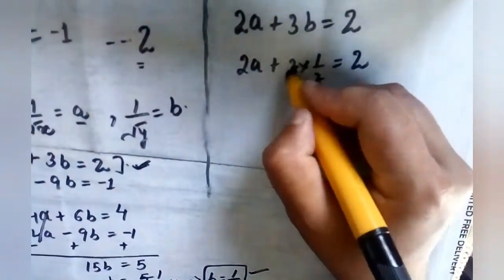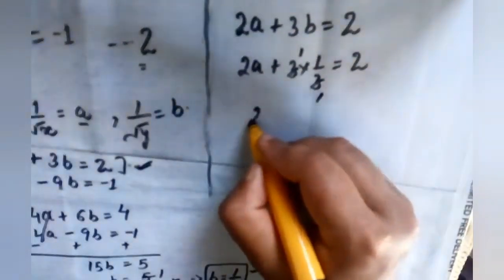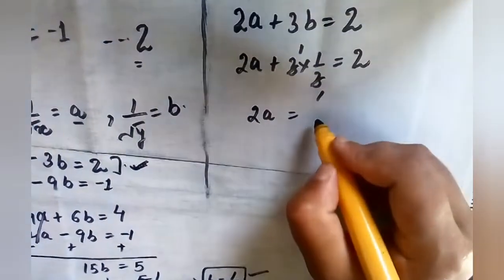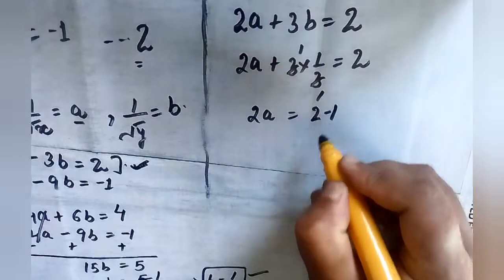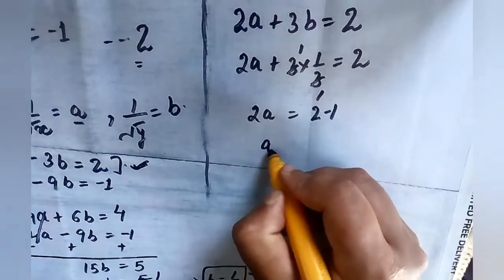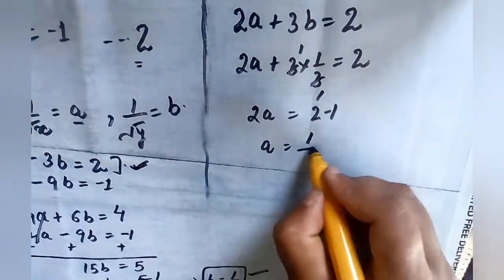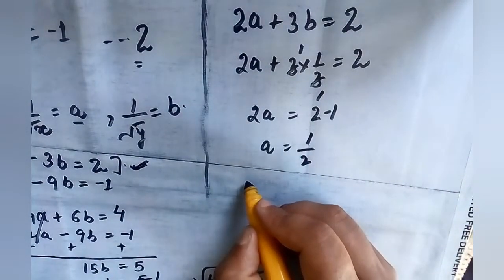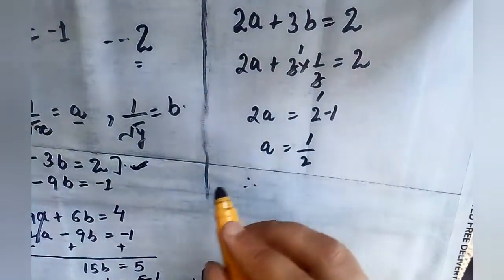And the 3 will be cancelled. So 2a will be equal to 2 minus 1 and a will be equal to 1 upon 2.